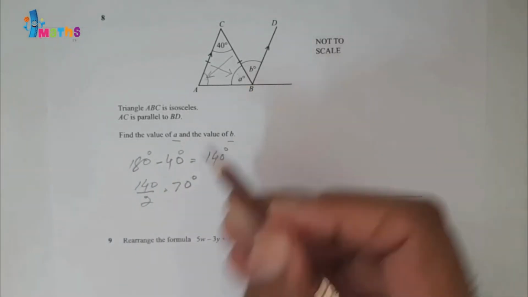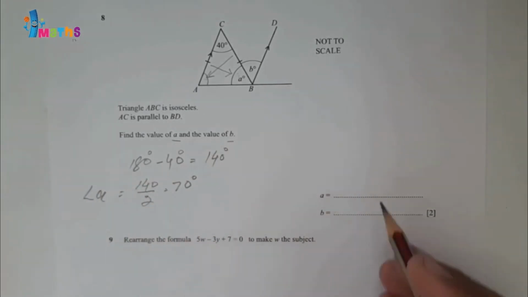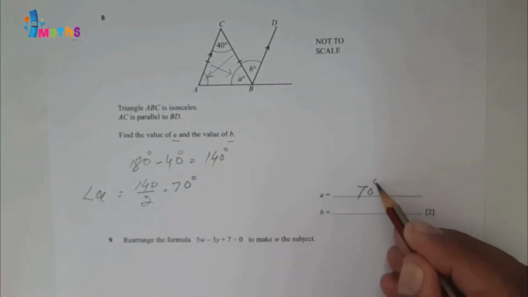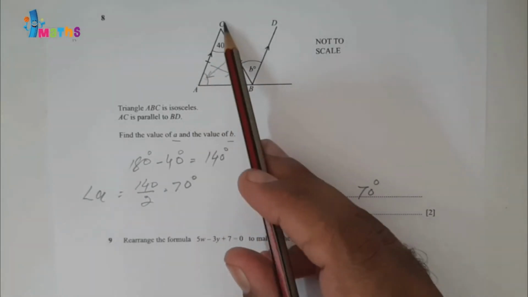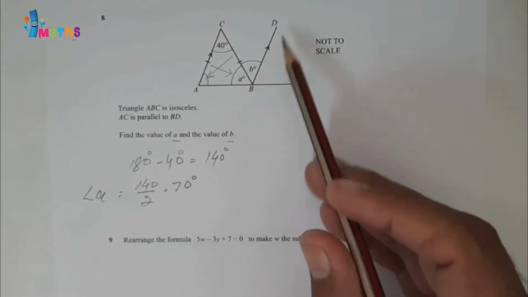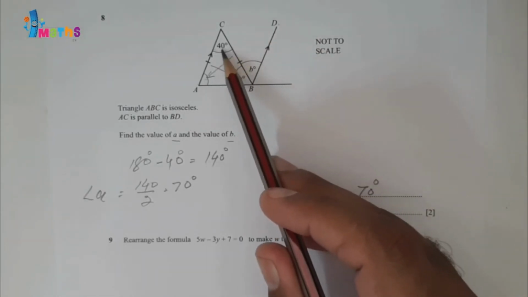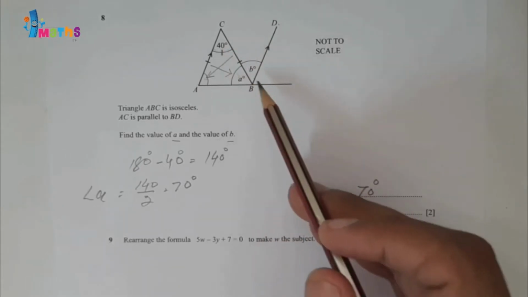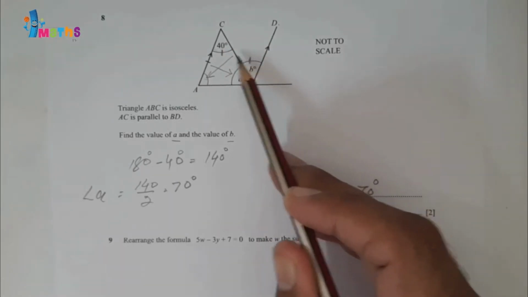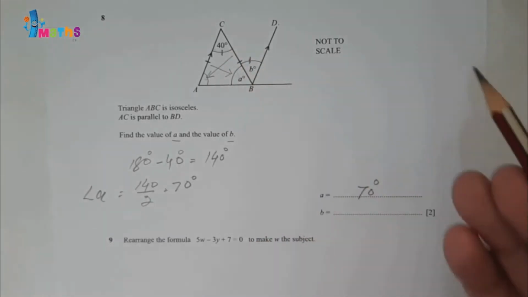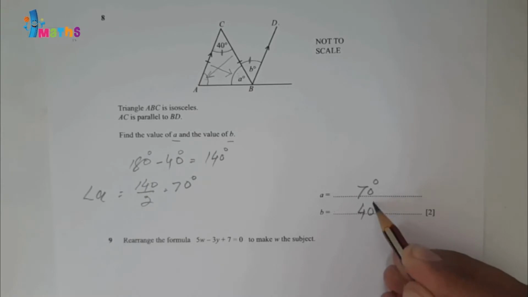So this angle A is equal to 70 degree. Now in this triangle, we know AC is parallel to BD, hence this angle C will be equal to this angle B. As C is 40, B will also be 40. So we will write here 40 degrees.